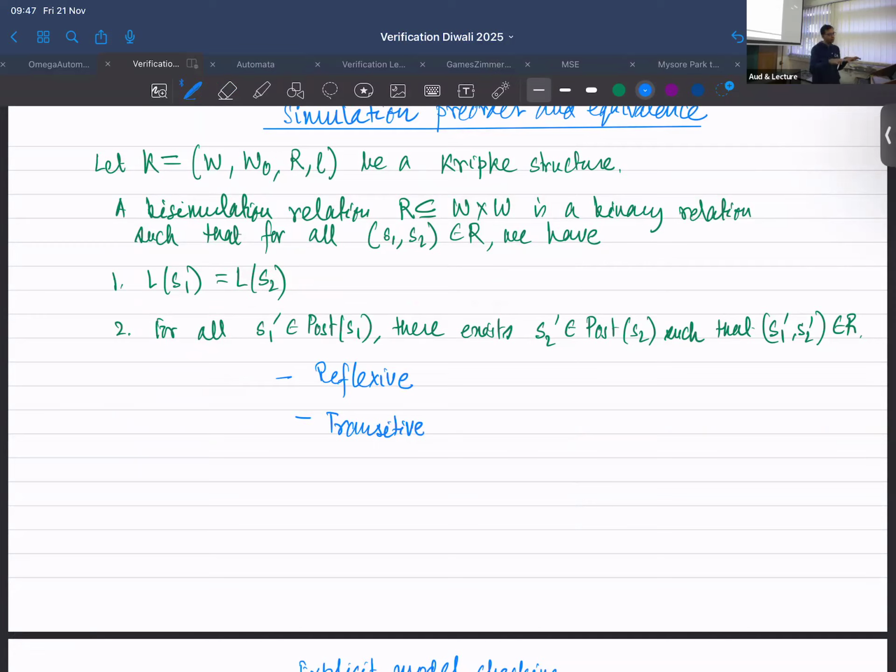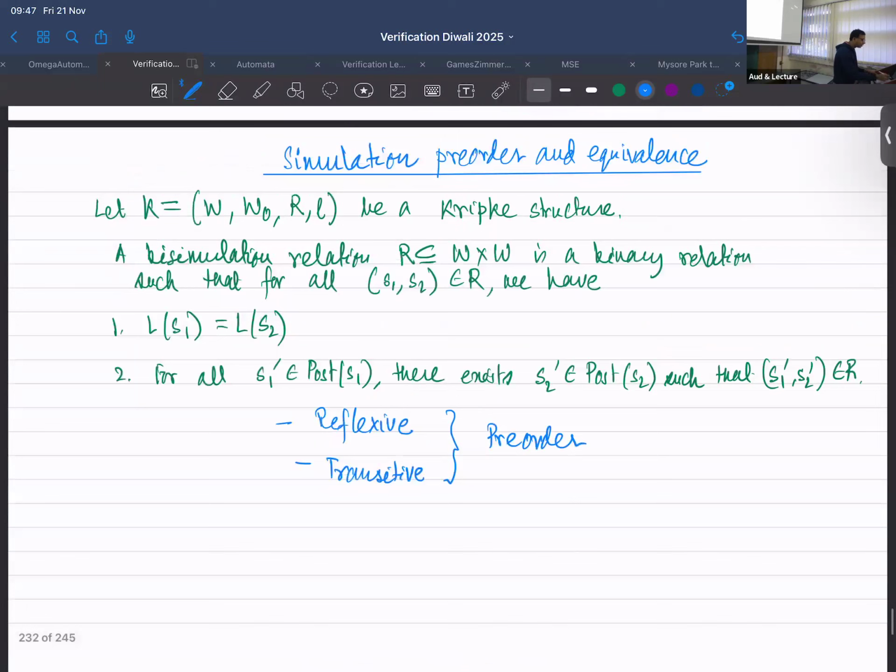If S1 can be simulated by S2, and S2 can be simulated by S3, then S1 can also be simulated by S3. So it's transitive, right? So what do we call a relation that is reflexive and transitive? It's a pre-order or a quasi-order, right? It's already written here, simulation pre-order. So we have this simulation pre-order, right?